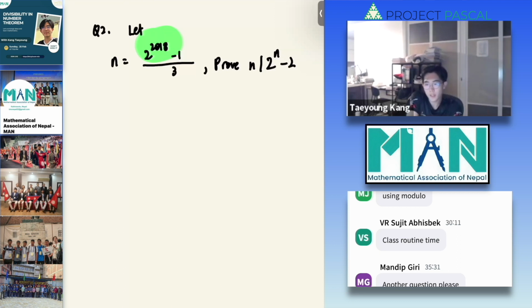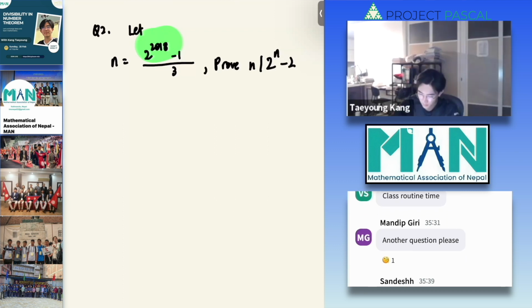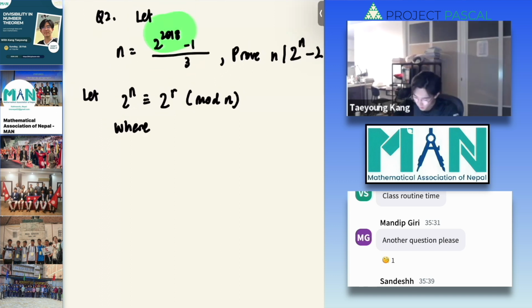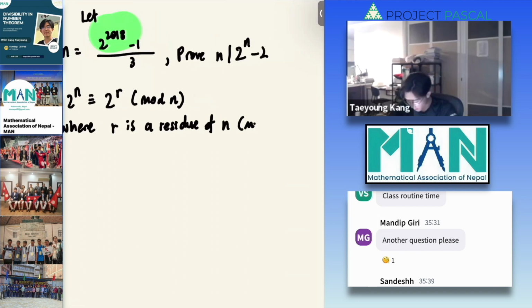So the first observation here is that we let 2 to the power of n be congruent to 2 to the power of r mod n, where r is a residue of n mod 2018.